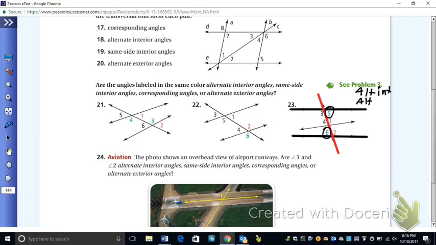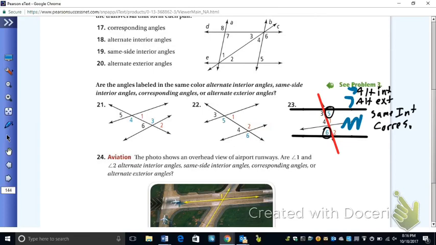So now let's look at 5 and 6. Again, we're going to look at those 4 possibilities. And the first one we look at is alternate interior. Well, we know that these are on opposite sides of the transversal. So we're looking at our 2 alternates. So it's either alternate interior or alternate exterior.